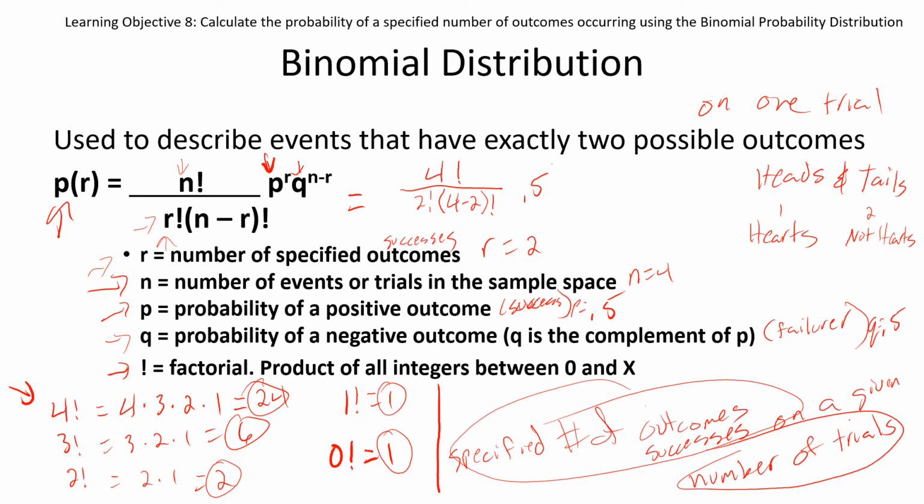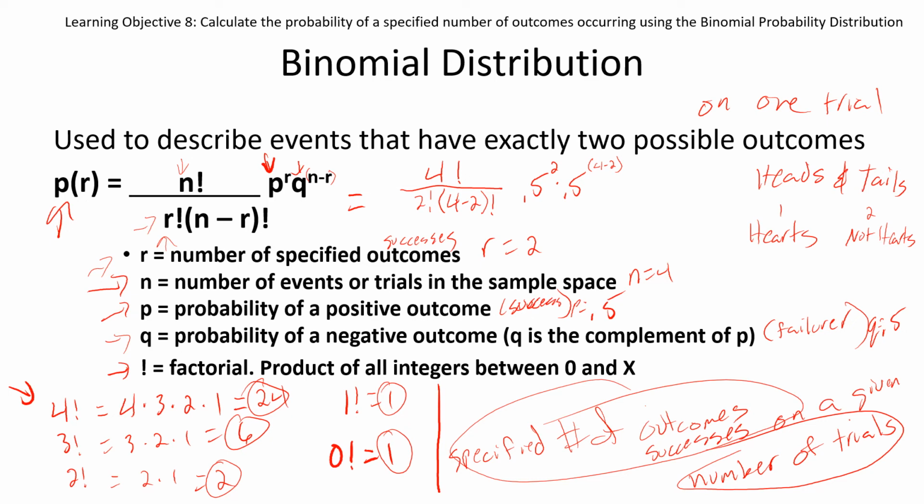R again is 2, times Q, which is also 0.5, to the N minus R power. So to the 4 minus 2 power. Just put parentheses around that so you know that they're there. And then it'd just be a matter of figuring it out.